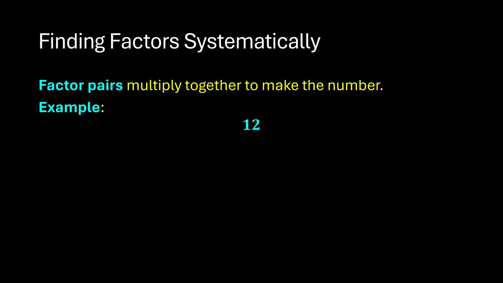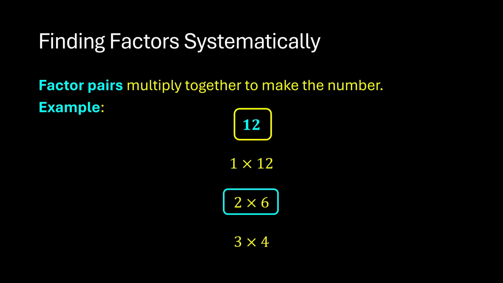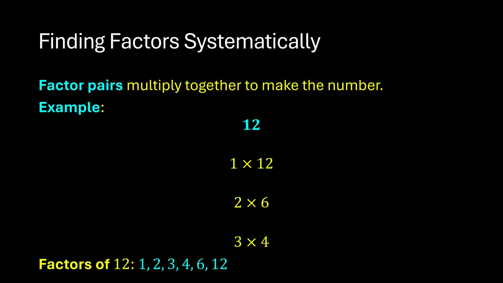Now let's list all the factor pairs of 12 in order to find the factors of 12. So 12 can be expressed as 1 times 12, 2 times 6, and 3 times 4. Therefore, the factors of 12 are 1, 2, 3, and 4, 6, and 12.